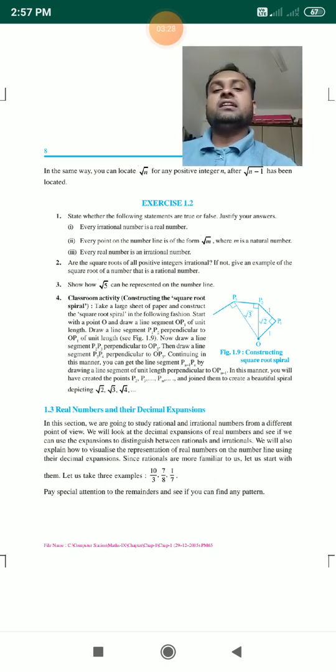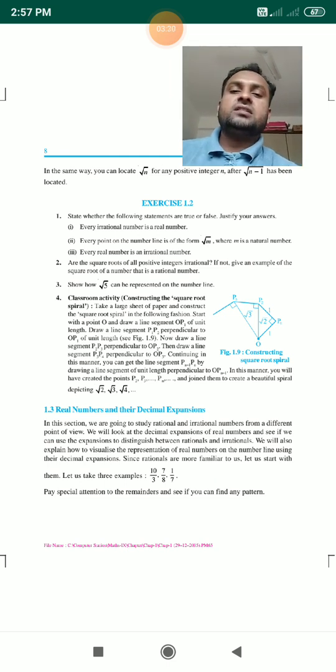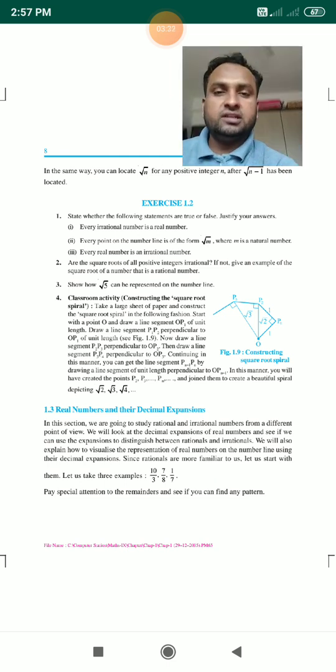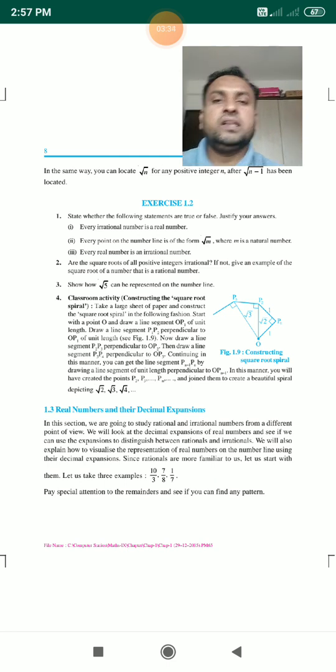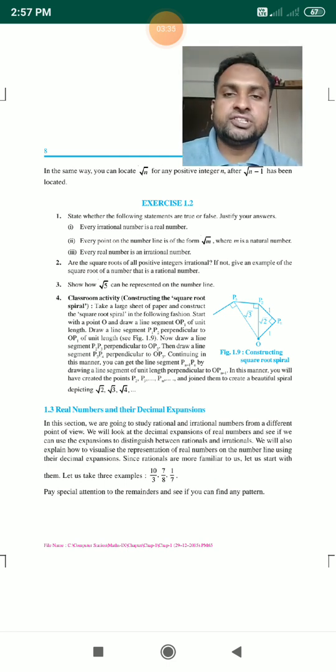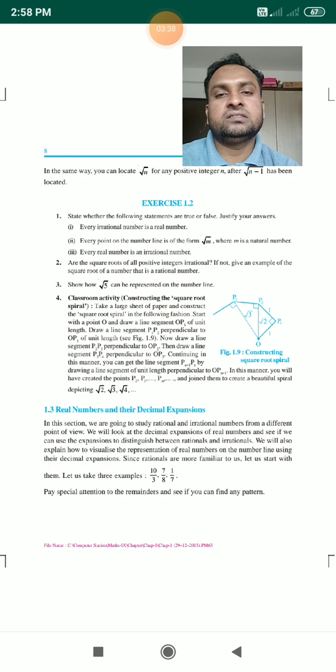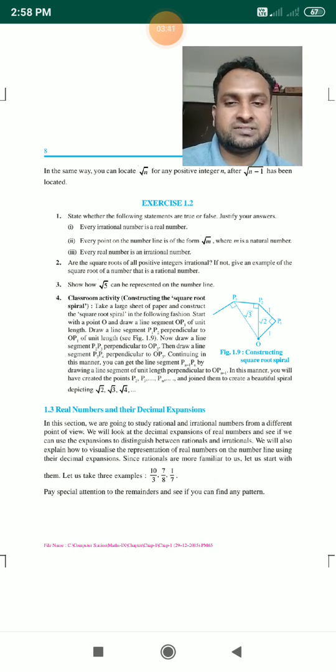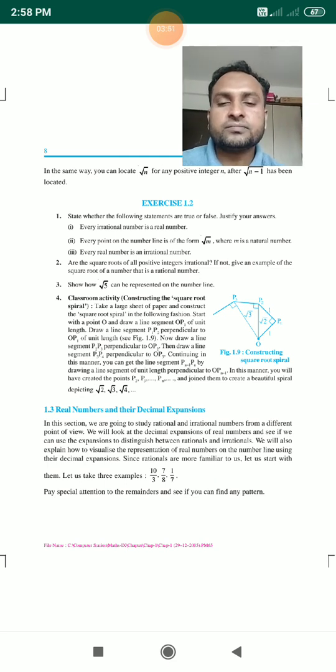See what a real number is, then what the decimal expansions of real numbers are. Real numbers means the combination of rational and irrational numbers. The combination may be 1 by 2, 3 by 4, root 3, root 5, 0.1 dash dash. These are all examples of real numbers.